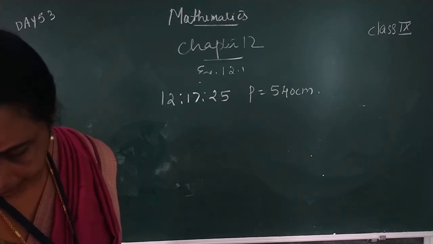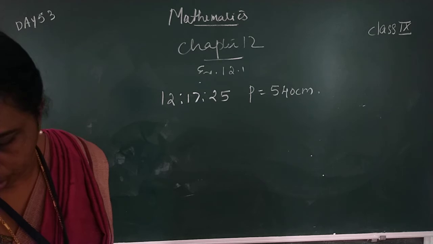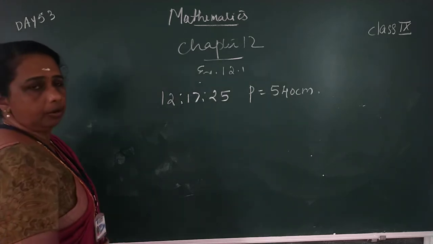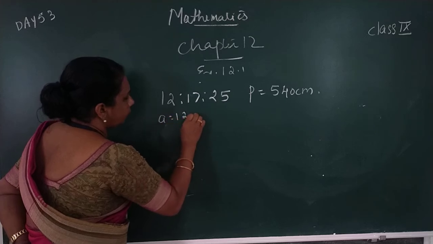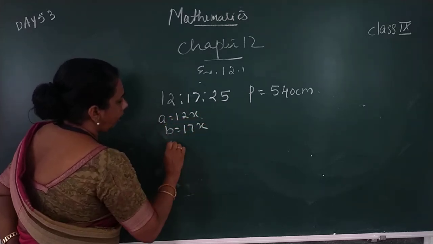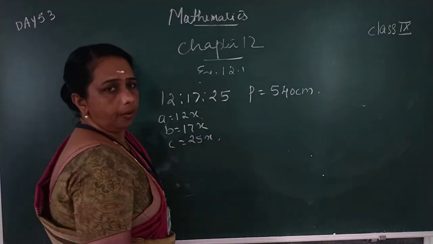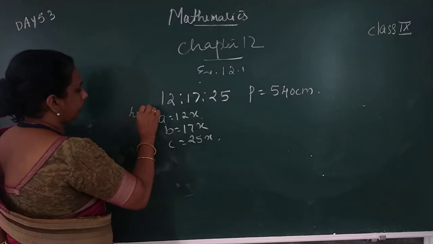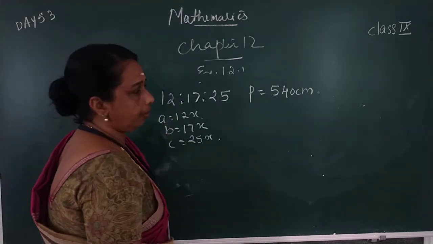Find its area. Given the sides of the triangle are in the ratio, so let the common ratio of the sides be taken as x. So a is equal to 12x, b is equal to 17x, and c is equal to 25x. Okay, let the common ratio be taken as x. So a 12x, b 17x, and c 25x.